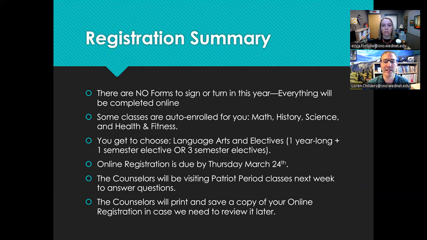Everyone takes history and science and health and fitness as 8th graders. But you get to choose which language arts class you want to take and your elective classes. Your elective classes can be either 1 year-long class and 1 semester-long class, or 3 semester-long electives.